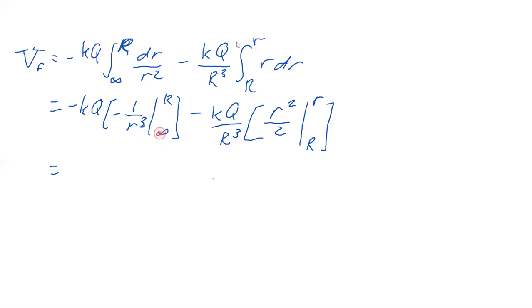So that infinity is not going to show up in our equation. I just really need to plug in capital R here. So if I do that, I would get KQ over capital R cubed minus, and then on the other term, I still have my constant out here. And we're going to multiply that by, let me plug in my limits.